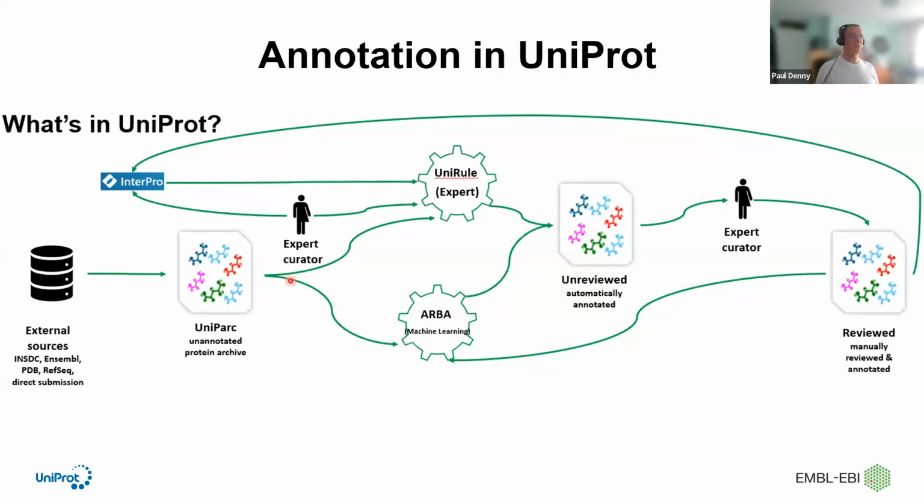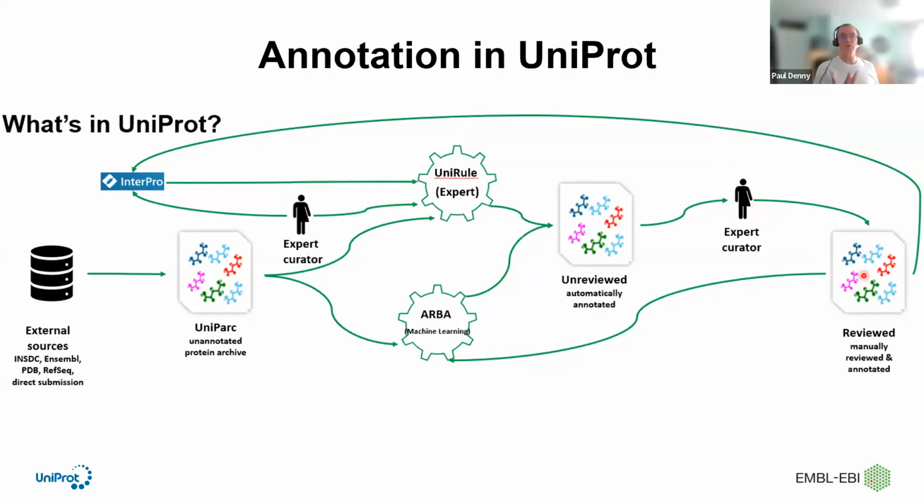This then gets passed through 2 automated systems, and I'll say a bit more about those in a moment. And a subset of those then, after being automatically annotated, get annotated by an expert curator.